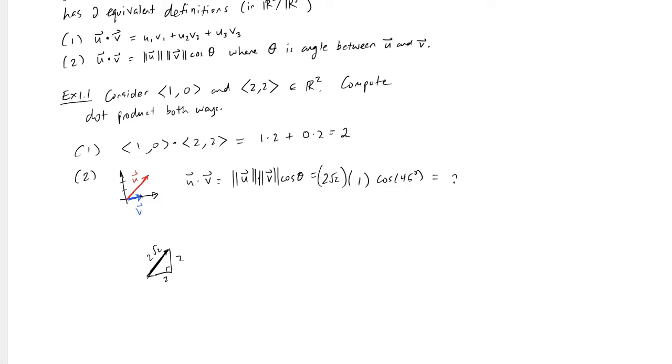Simplifying this, cosine of 45 is 1 over root 2, and when you cancel the root 2's, you'll get 2. All right, a little more complicated. So we typically compute the dot product with the component definition, but we'll use this other definition frequently when we're trying to find angles or do applications, which we'll talk about more later.